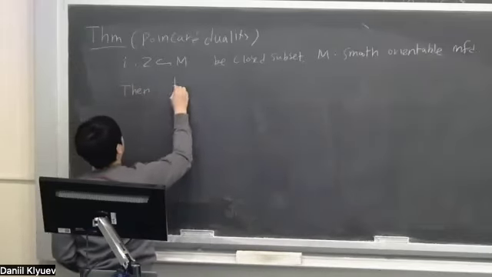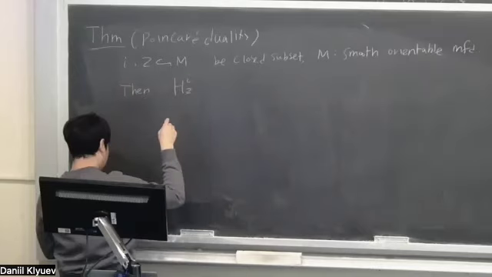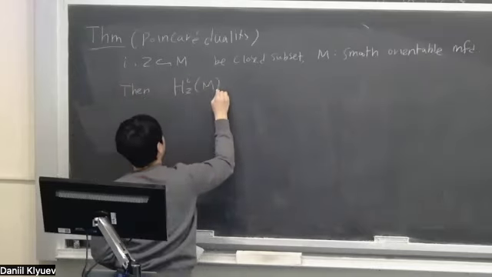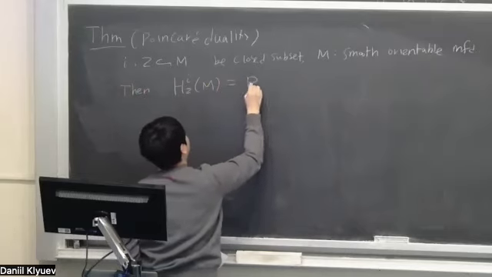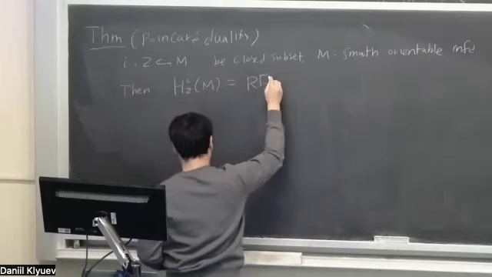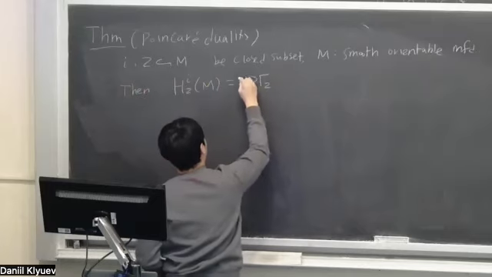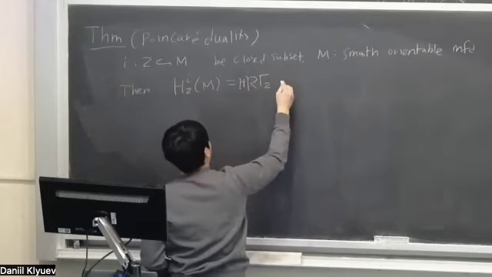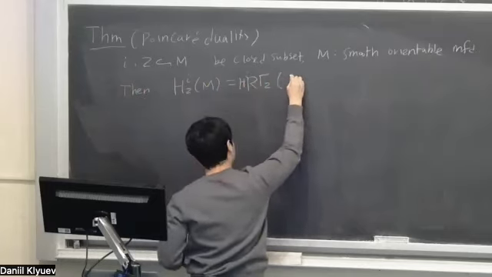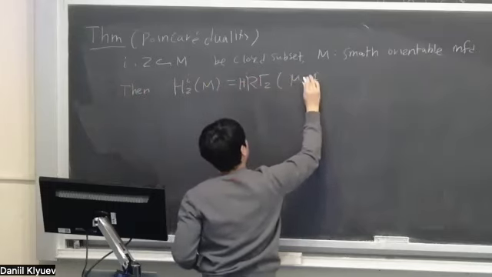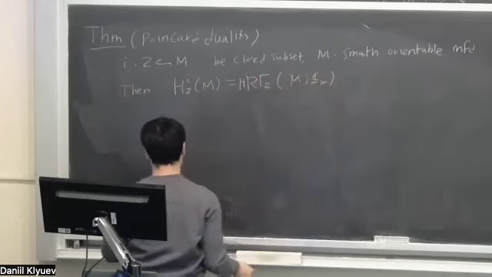Then we'll define the local homology group as H^i of RΓ_Z of M, of the constant sheaf.